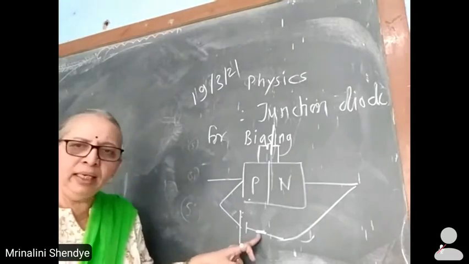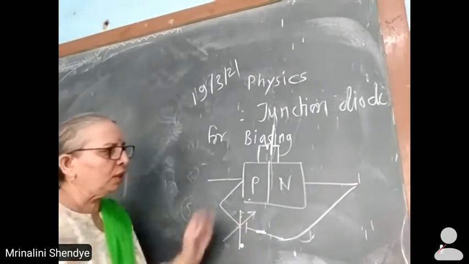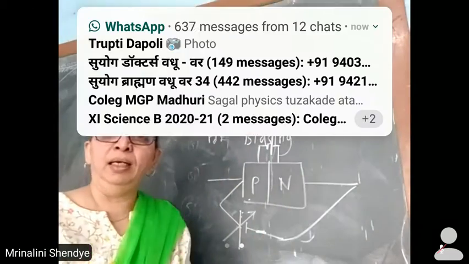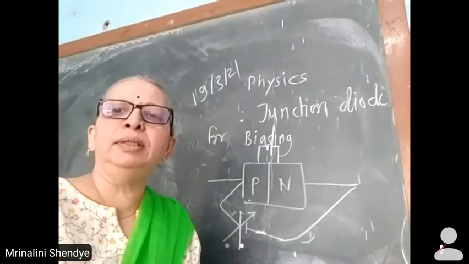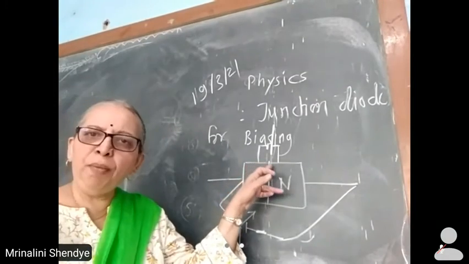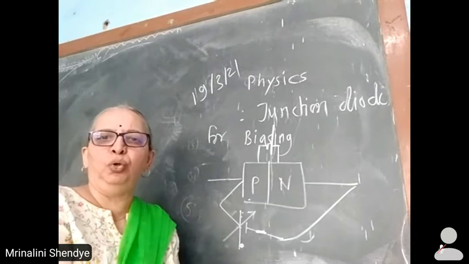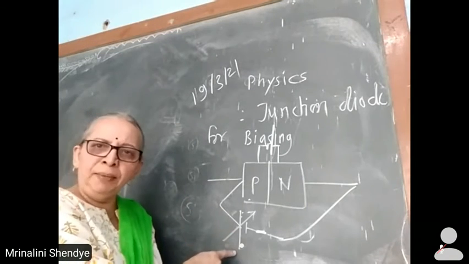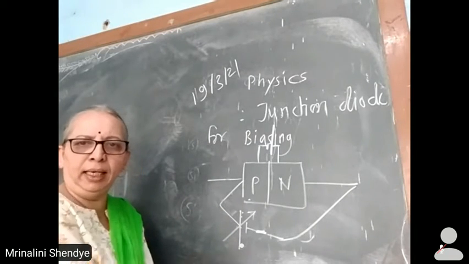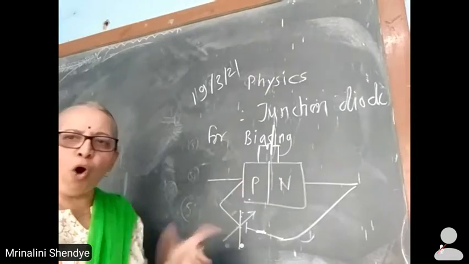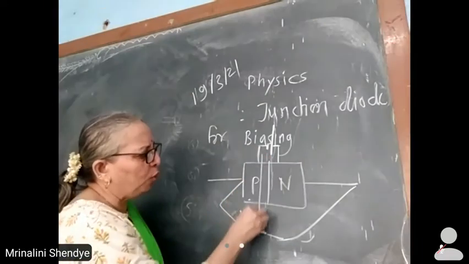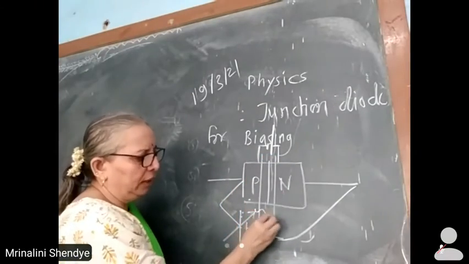Go on increasing the value of forward biasing. When it overcomes the value of barrier potential, initially a small current flows through it. If you still further increase the value of electric field applied, then what happens here? The barrier potential decreases.